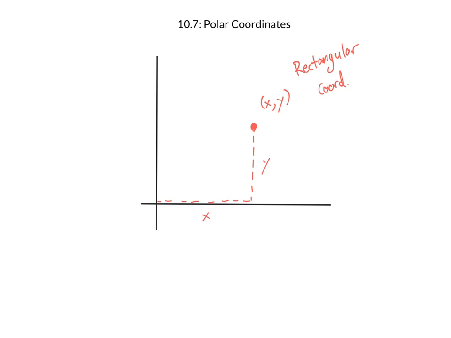What we're going to be doing today is talking about a new way to describe the points in a flat plane like this. And this new way is called polar coordinates.